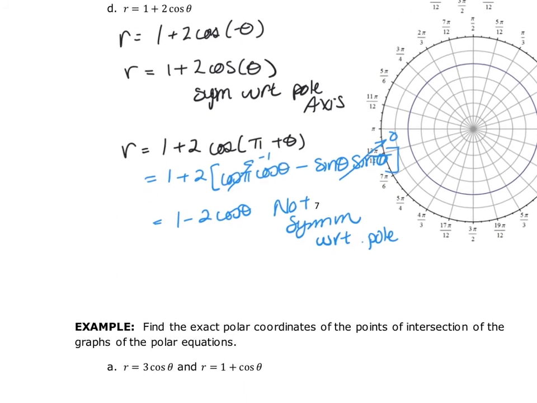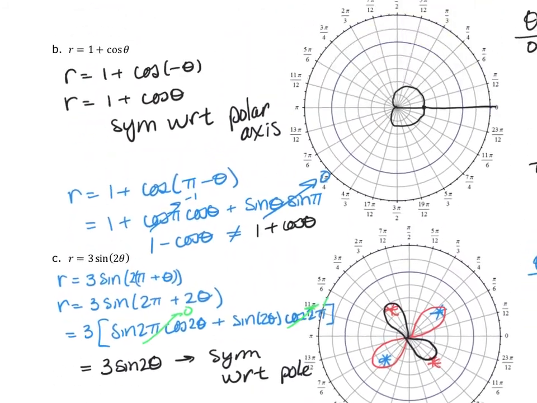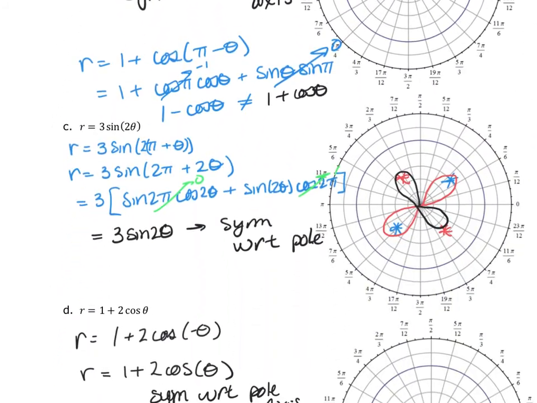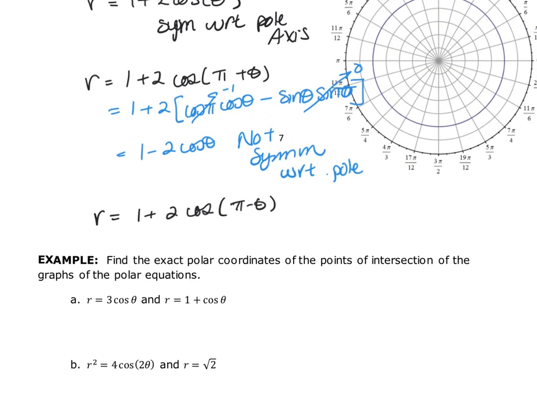And then the last one we want to check is with respect to the line theta is equal to pi over 2. So r is equal to 1 plus 2 the cosine, and then this check is using pi minus theta. And we know that's not going to happen either, because when I expand out with the sum and difference here, it's still going to have the sine of theta, the sine of pi, which will still go to 0.